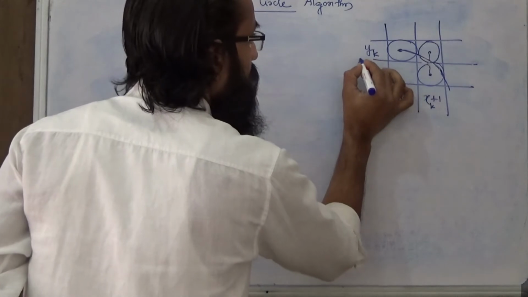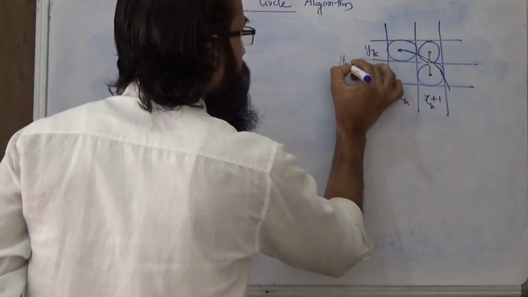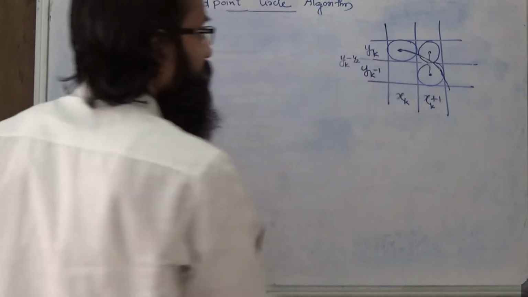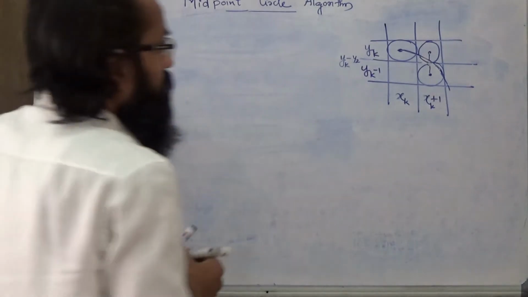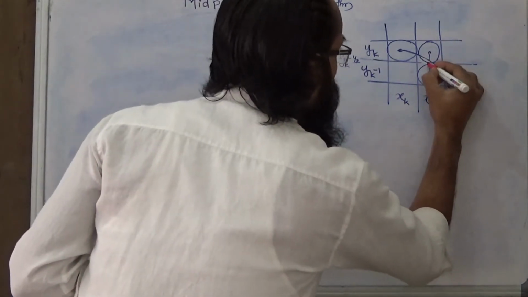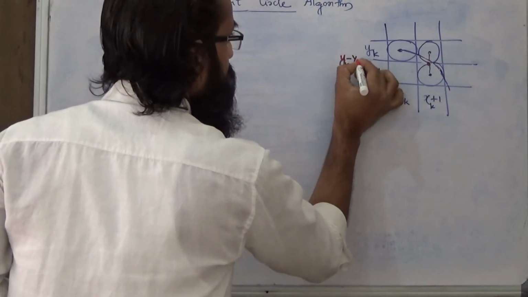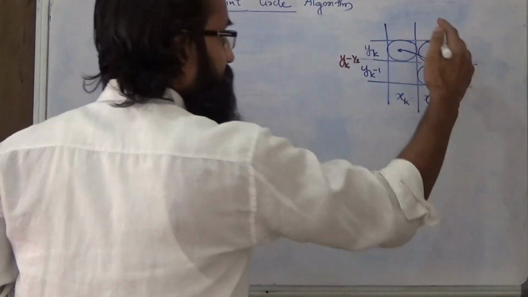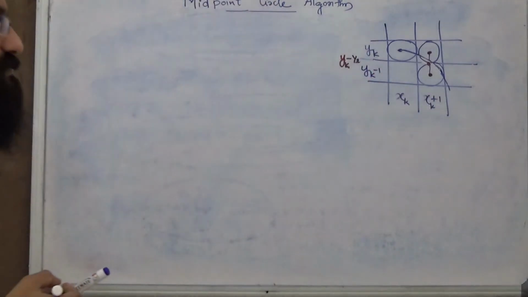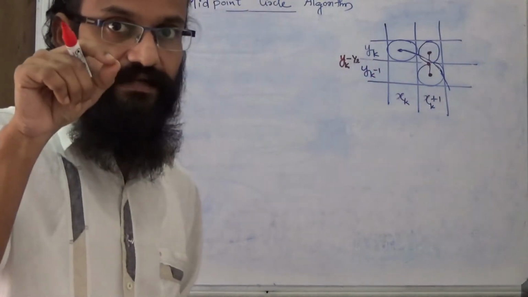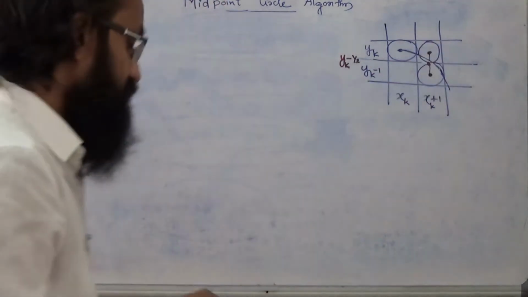So the corresponding y value will be yk minus half. That is the point to be noted. This point has y value yk minus half because it is exactly in the middle between yk and yk minus 1.